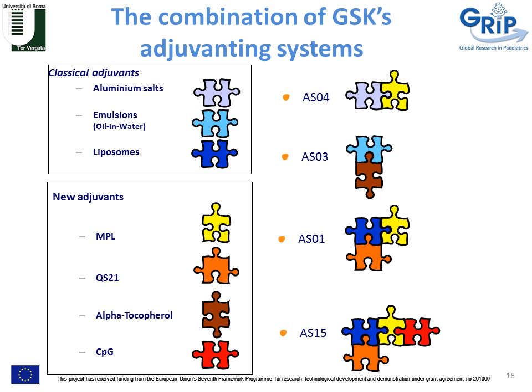And this AS04 is actually also the adjuvanting system used in Cervarix, which is GSK's human papillomavirus vaccine, which in comparison to the unadjuvanted antigen gives a tremendously higher immune response.